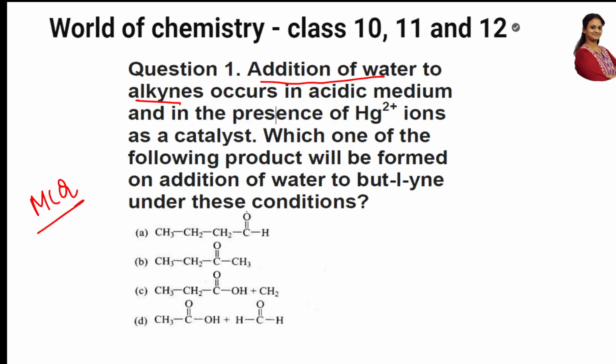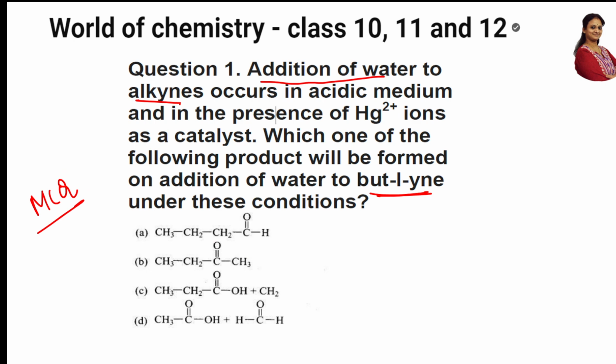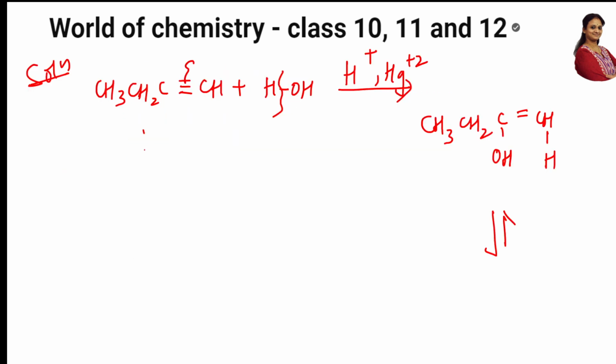They said which one of the following products is formed on addition of water to butyne under this condition. That's the reason: butyne, an unsymmetrical alkyne. I have taken butyne because for unsymmetrical alkynes we normally do it with butyne, because with propyne you'll have an understanding of the differentiation between carbon with fewer bonds and carbon with four bonds.